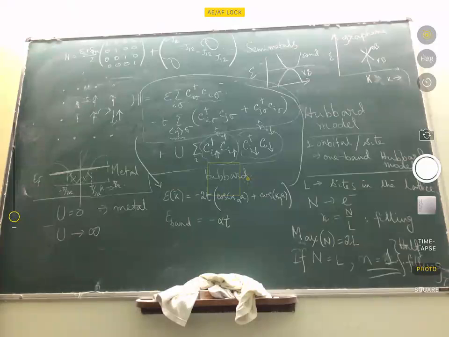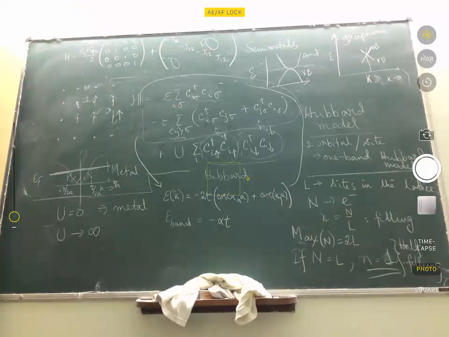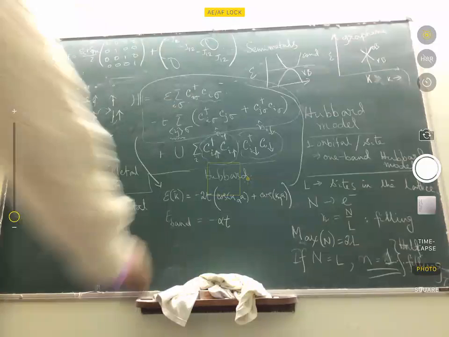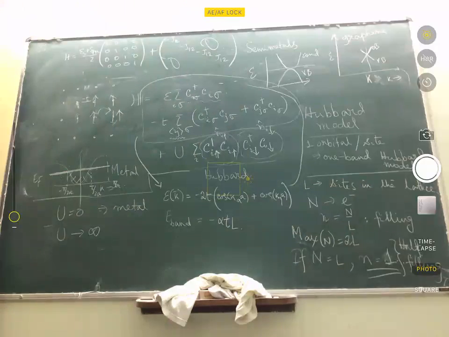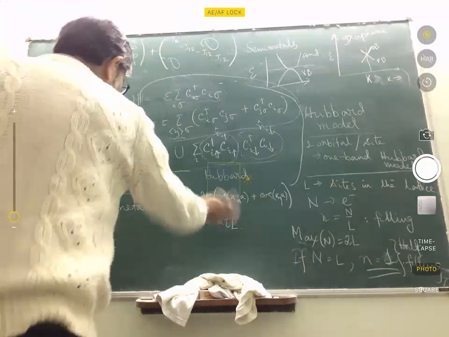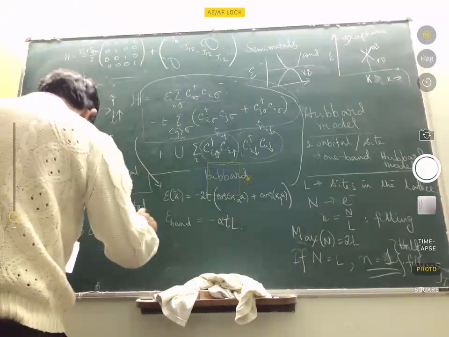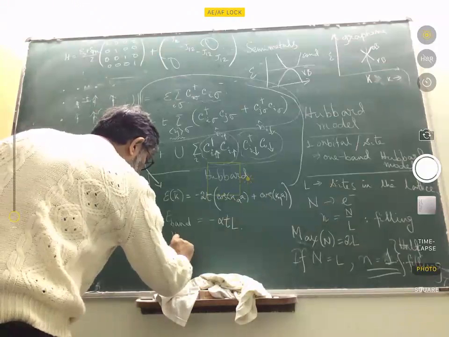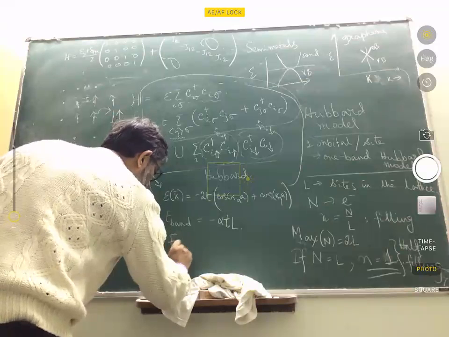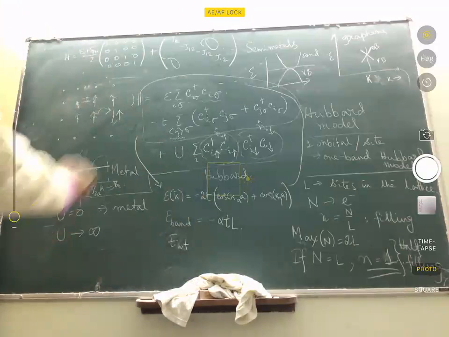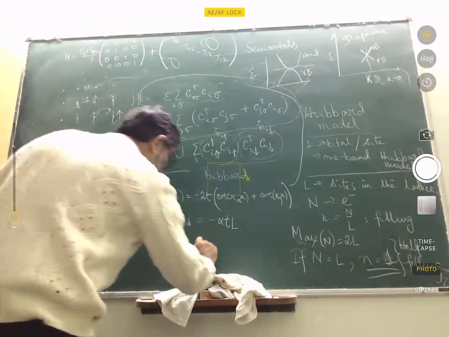And then on top of that, now I introduce this U term in the Hubbard model. So what happens? I can write this as L, where L is the number of sites in the lattice. For the entire lattice, I can write it like this. Now, this is the interaction energy, E interaction, because of this U term. Let's not get into how to evaluate this, but I'll just write the answer for you.